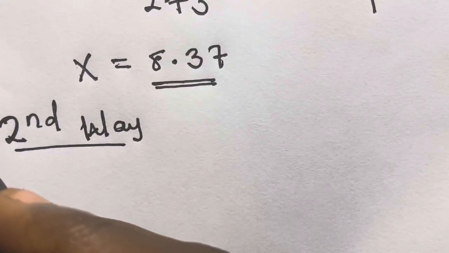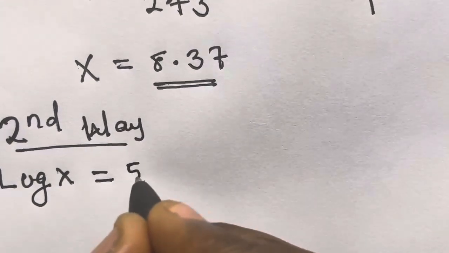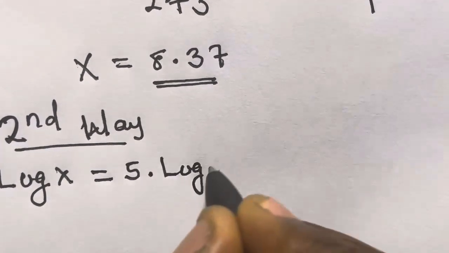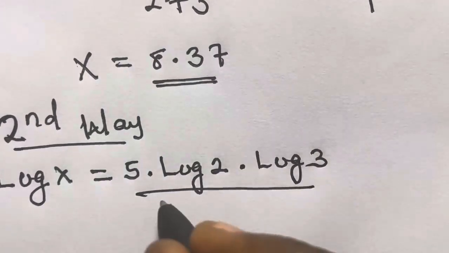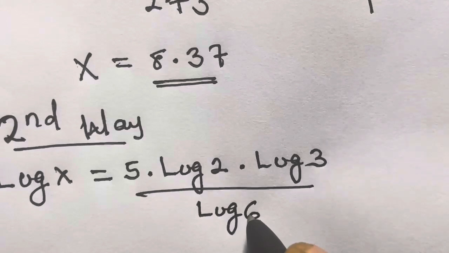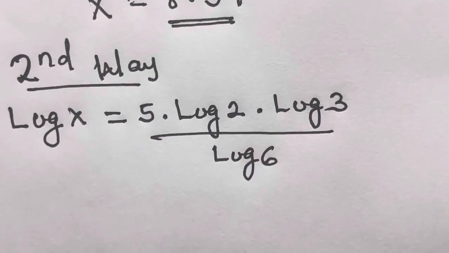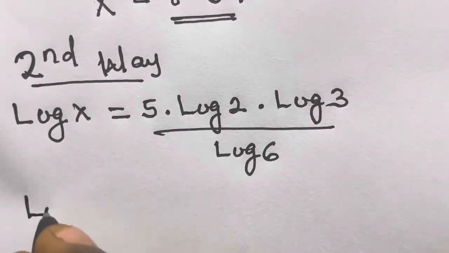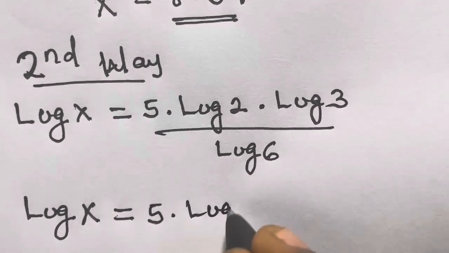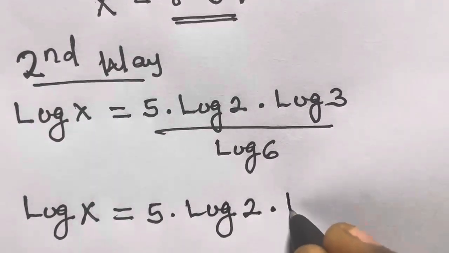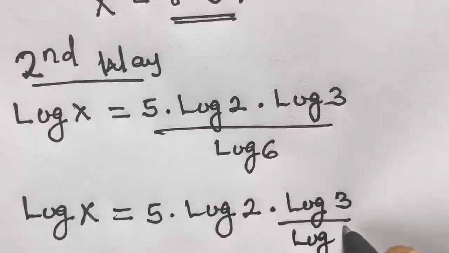Let's remember that our original expression is log x equals 5 times log 2 multiplied by log 3 divided by log 6. This is our initial expression. So from this we express log x equals 5 times log 2 times log 3 divided by log 6.